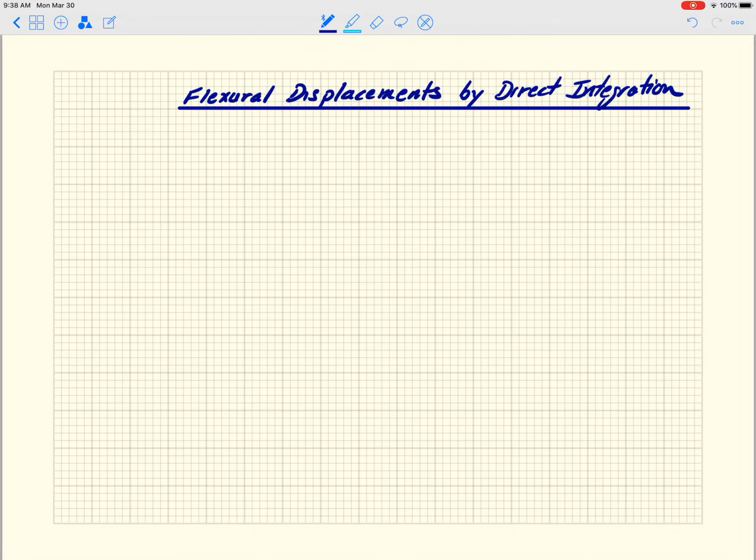Okay, so we're going to start this by talking about the definition of curvature, right? And so we said curvature is the change in slope per length.